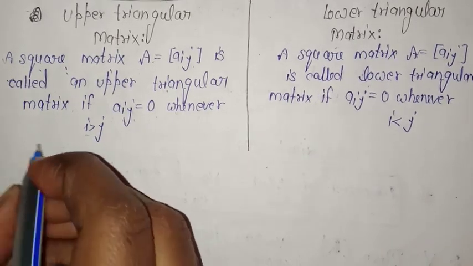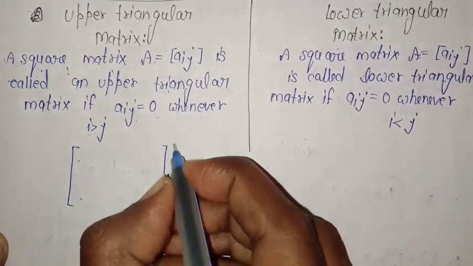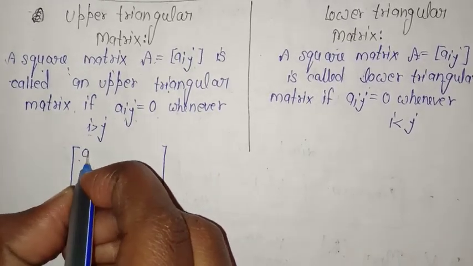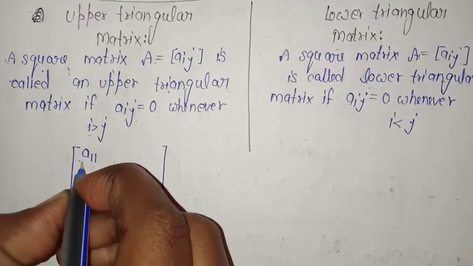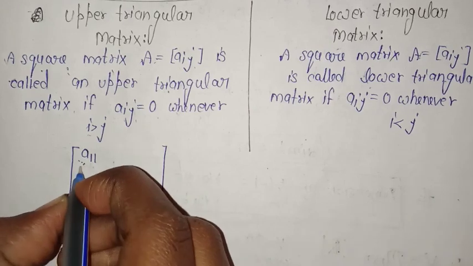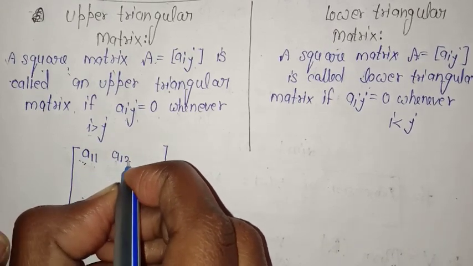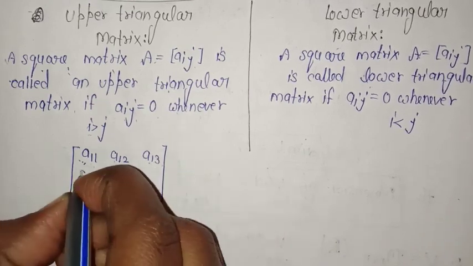I am taking a matrix of order 3. We know that there are 3 rows and 3 columns. So if we put the elements, A11, the suffix 11 denotes that this element is in the first row and first column. Now A12, that is first row, second column. A13, first row, third column.